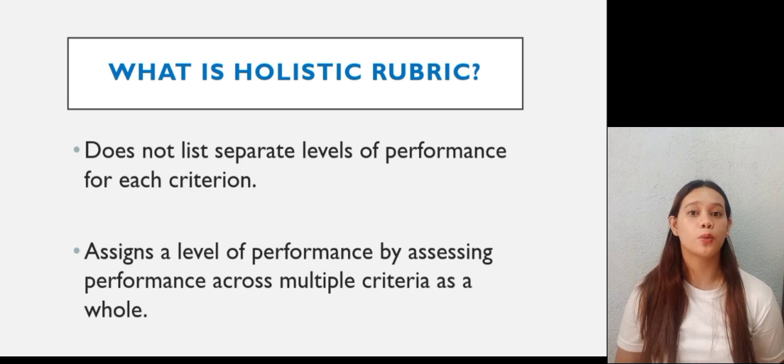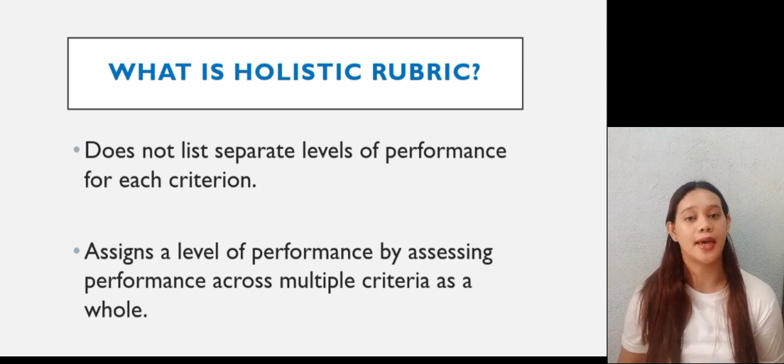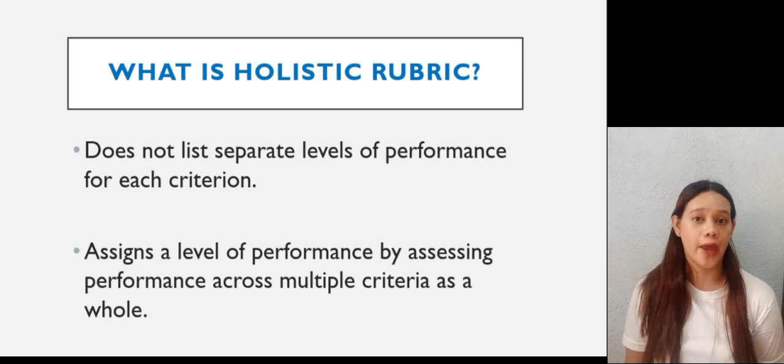In a holistic rubric, the evaluator judges the work as a whole, considering all aspects of the assignment rather than breaking it into specific parts. The rubric typically includes a description of the characteristics of excellent, good, fair, and poor work, allowing the evaluator to assign a single score based on their overall impression of the student's performance.